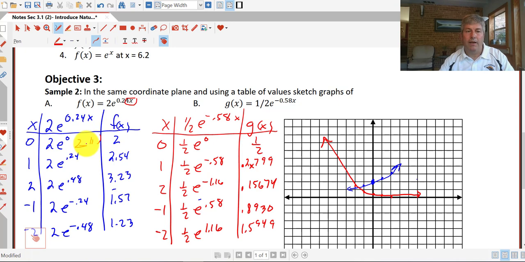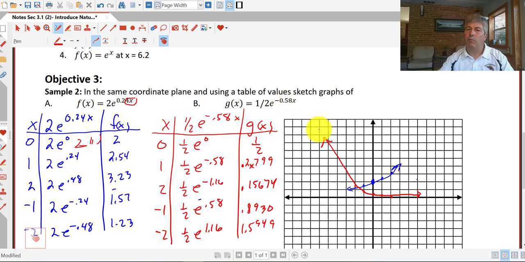And then I put 1 in. And for the rest of these, I had to use my calculator, just like we did in Objective 2. So I had to get those values in, and I plotted those points over here on the coordinate plane. And then I did the same thing with g of x, where we have 1/2 e to the negative 0.58x. So that is going to be somewhat of a reflection over the y-axis.